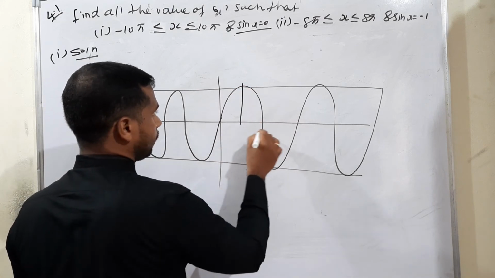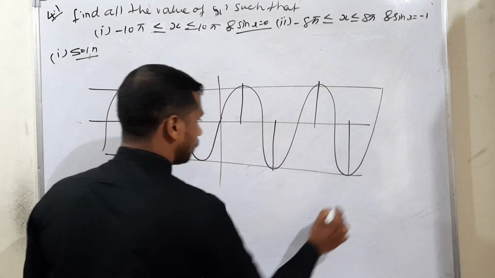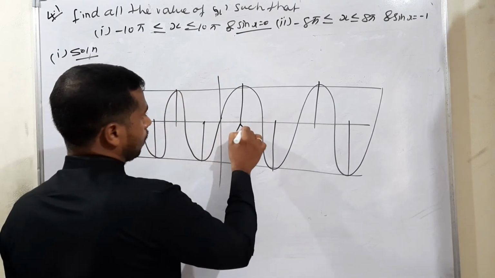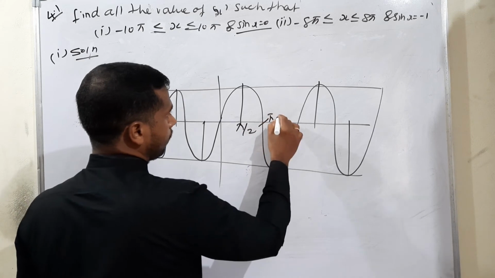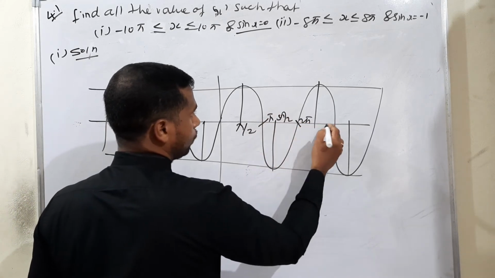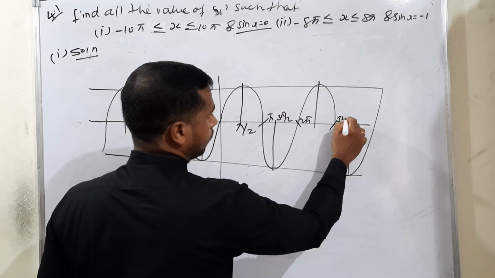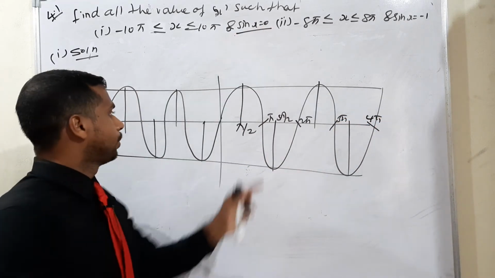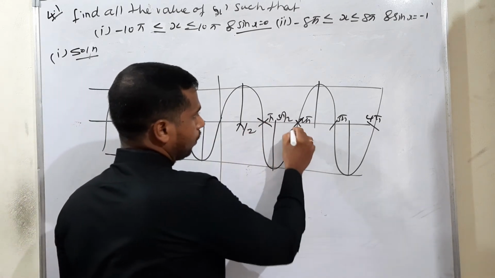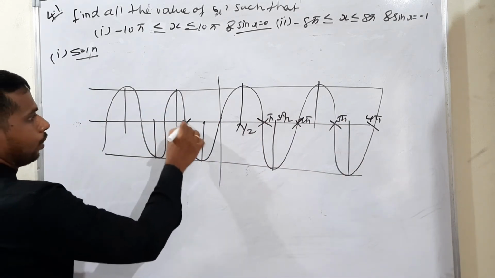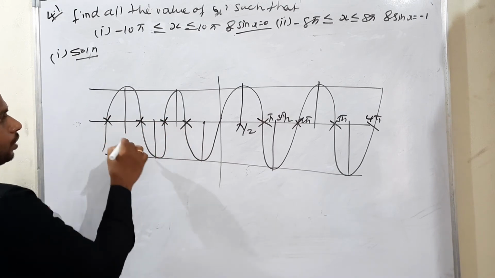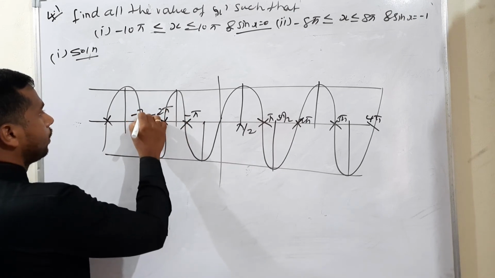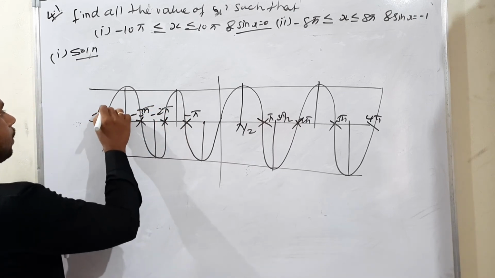This is called pi by 2, pi, 3 pi by 2, 2 pi, then 3 pi, 4 pi, it's moving on. The condition sin x is equal to 0, we only have to look at the origin point, and the opposite side also, origin point. So we can say this is negative pi, this is negative 2 pi, this is negative 3 pi, this is negative 4 pi.